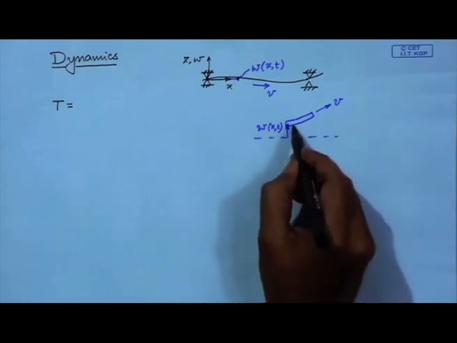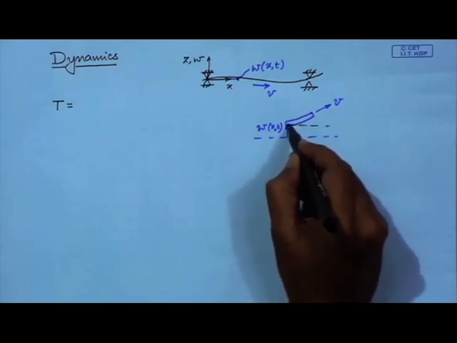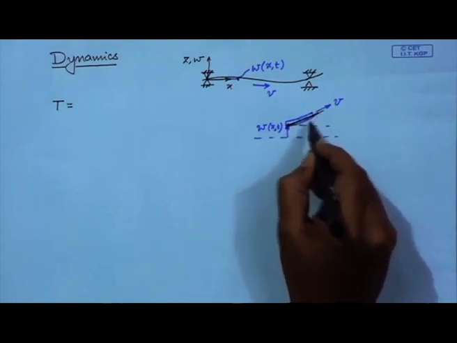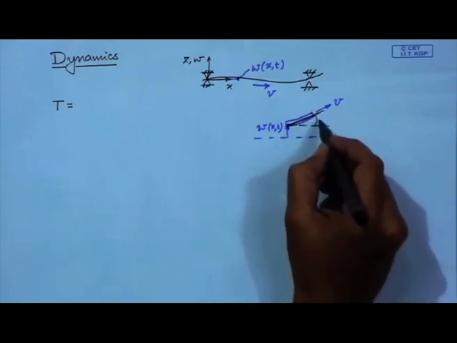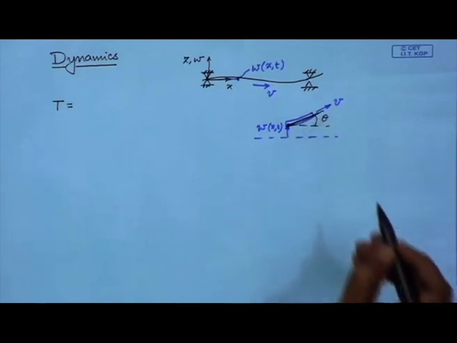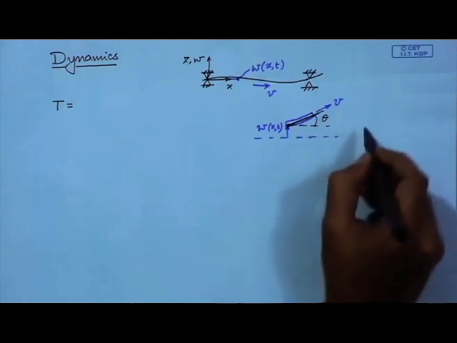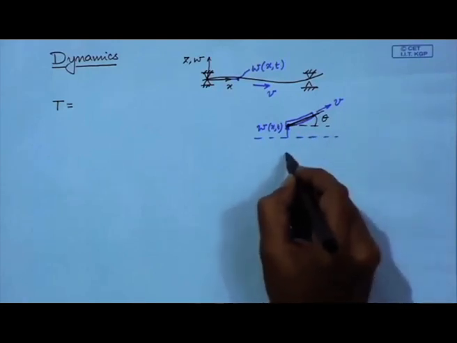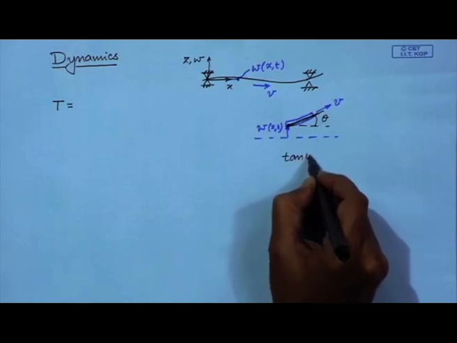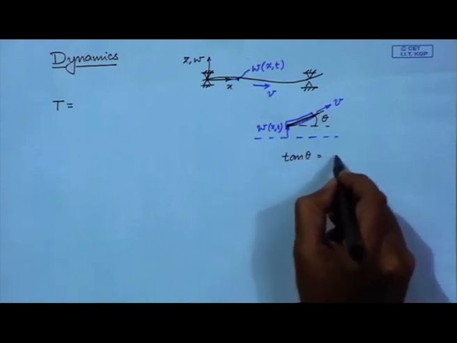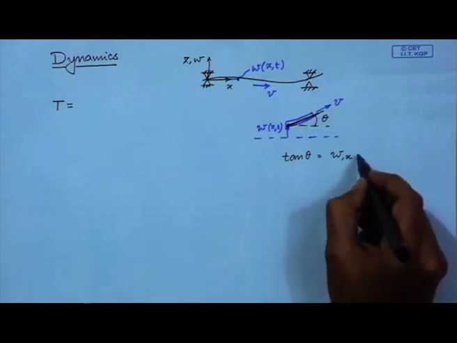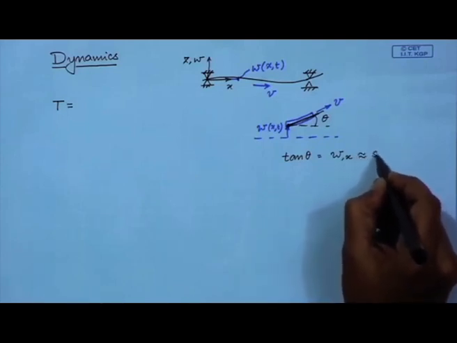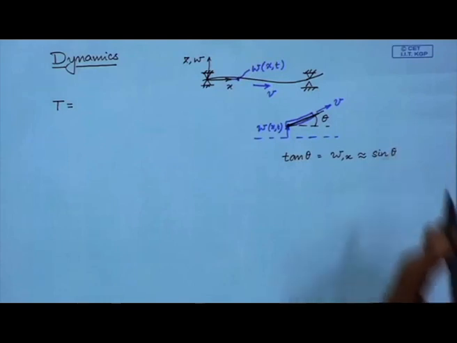Now, suppose this angle is theta, then we know that tan theta is del w del x, which is approximately equal to the sine of that angle.